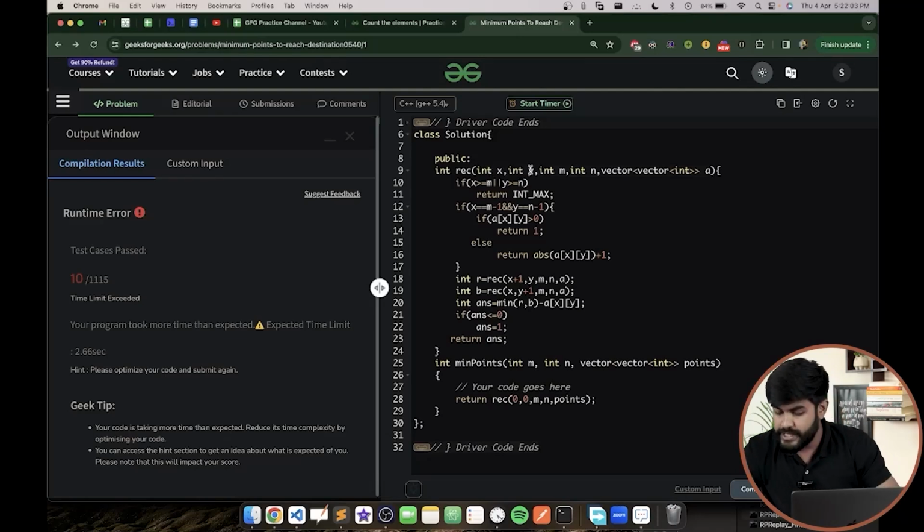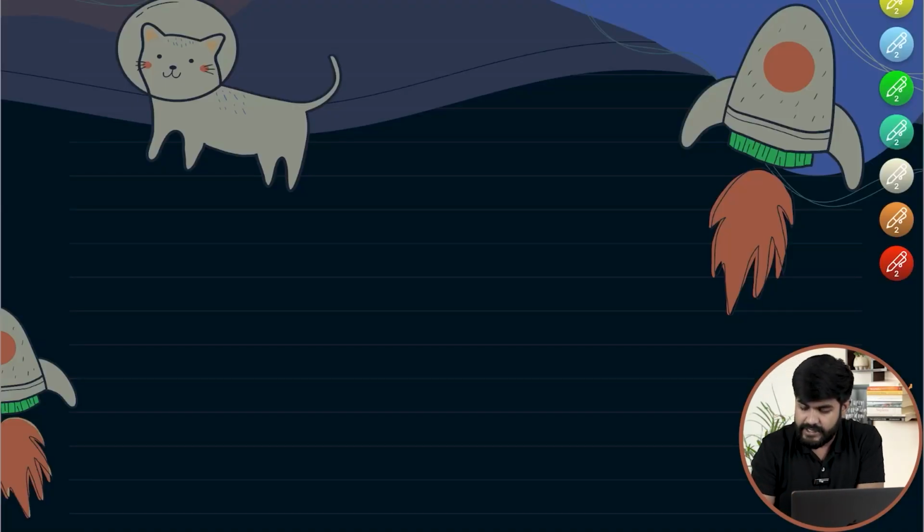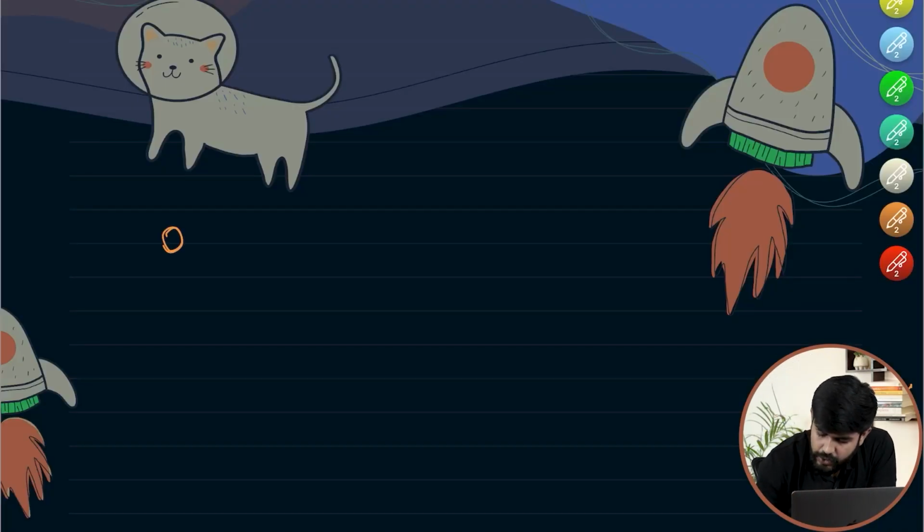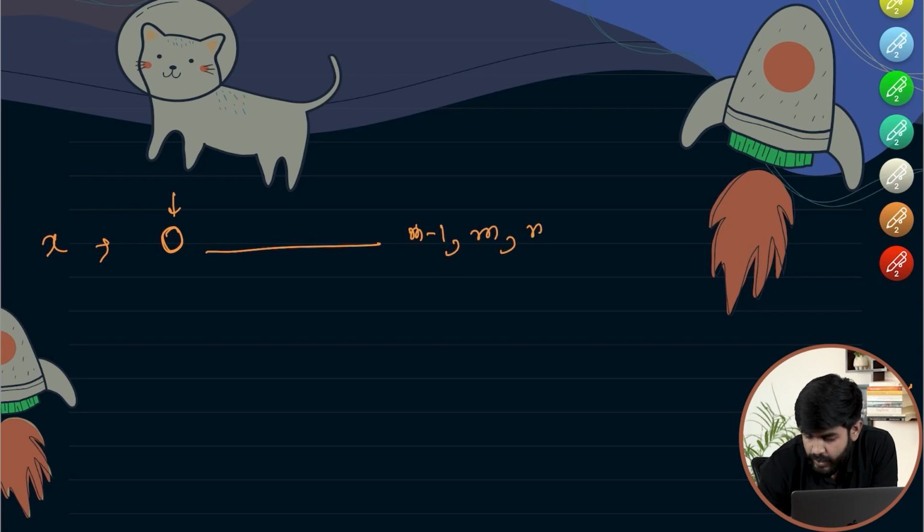Now what is the lowest value of x that would exist? The lowest value of x that would exist is 0, because we are starting off from it. And if we talk about x, and if it is greater than or equal to m, like this is m minus 1, this is m or m plus 1 from here on this side.